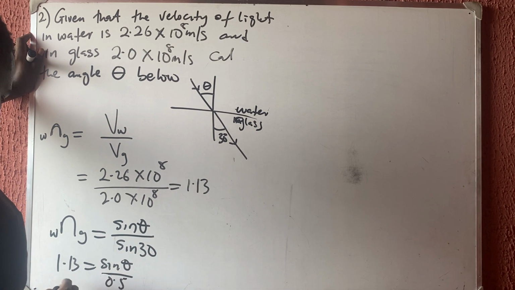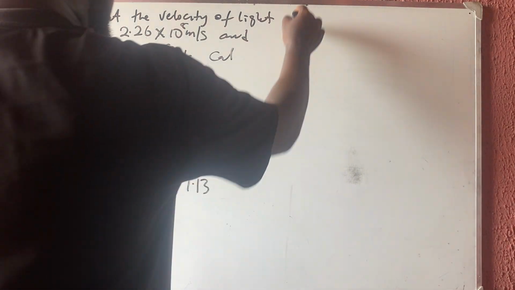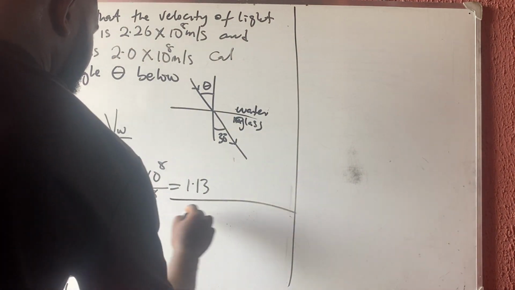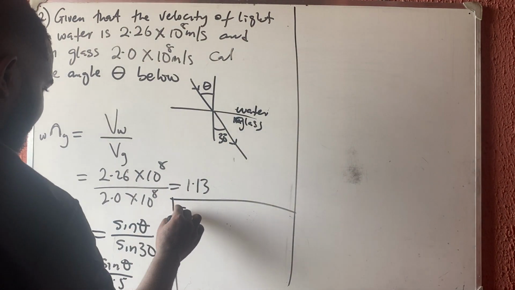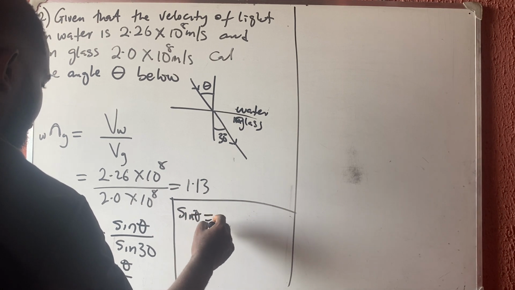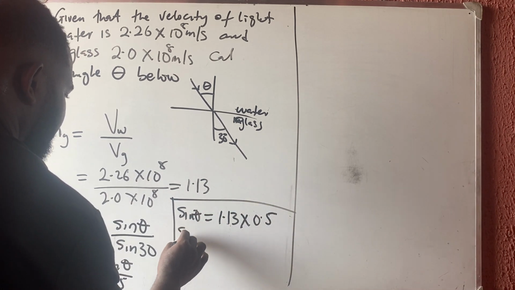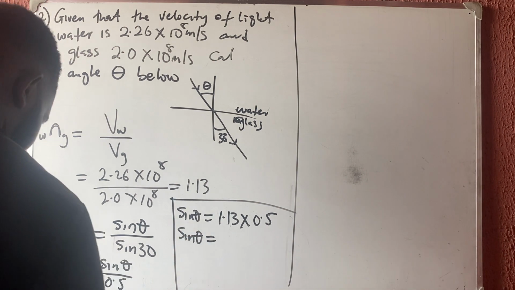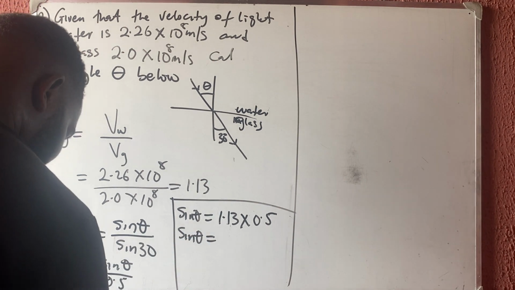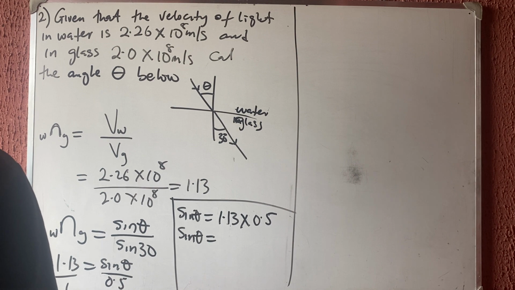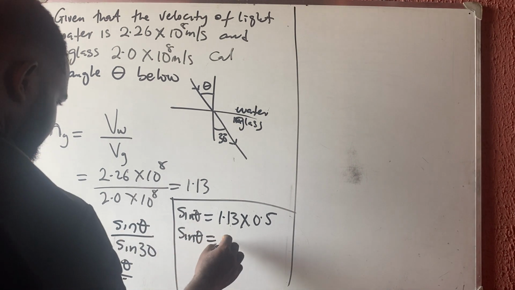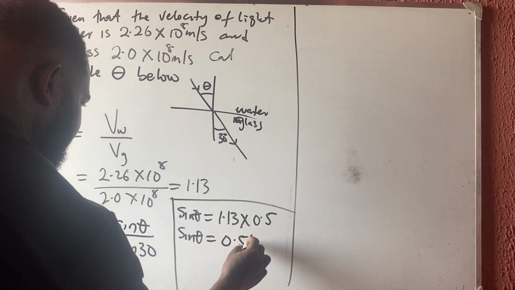If I cross multiply, sine theta is equal to 1.13 times 0.5, which is 0.565.